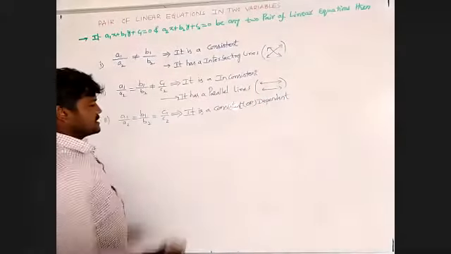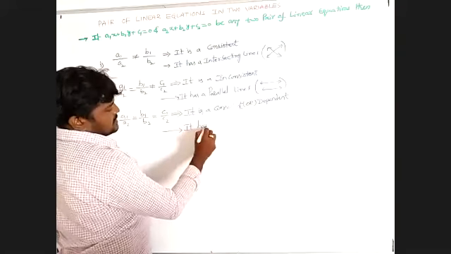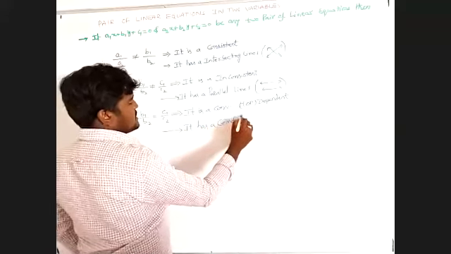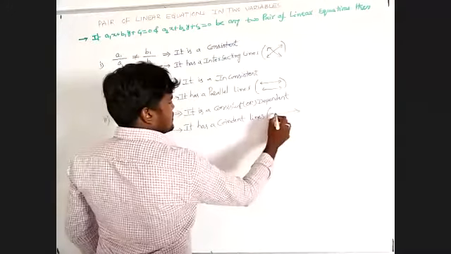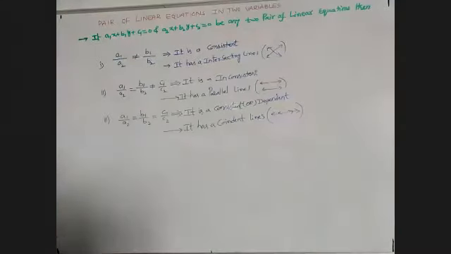Dependent lines, then it has coincident lines. These are the coincident lines. Entire chapter depends on these three conditions only.